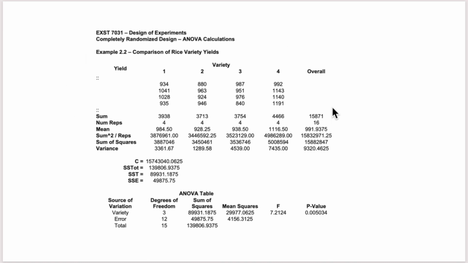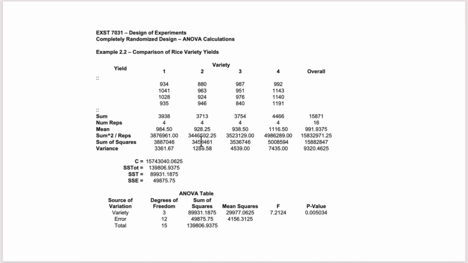So here are the data values for the 4 samples, along with the summary statistics that we need to calculate for those samples, and also the overall summary statistics. And then down below, I've got the ANOVA table that I've programmed into the cells, the various calculations that we need. So you don't even have to do the calculations by hand if you've got something like this constructed.